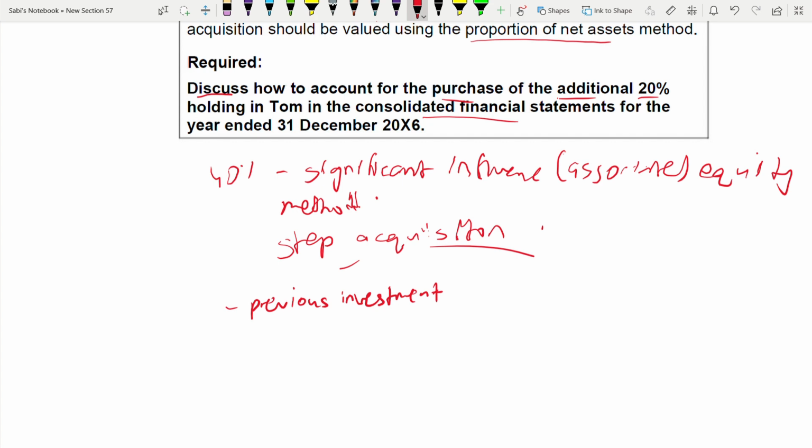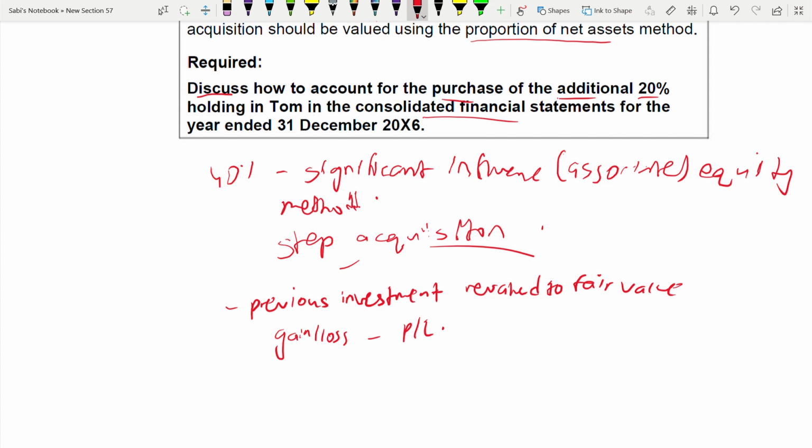Previous investment revalued to fair value. Whatever the investment is, it could be a financial instrument, an associate, a joint venture, anything, it has to be revalued to fair value. And where do gain and loss go? Gain and loss go to P&L.